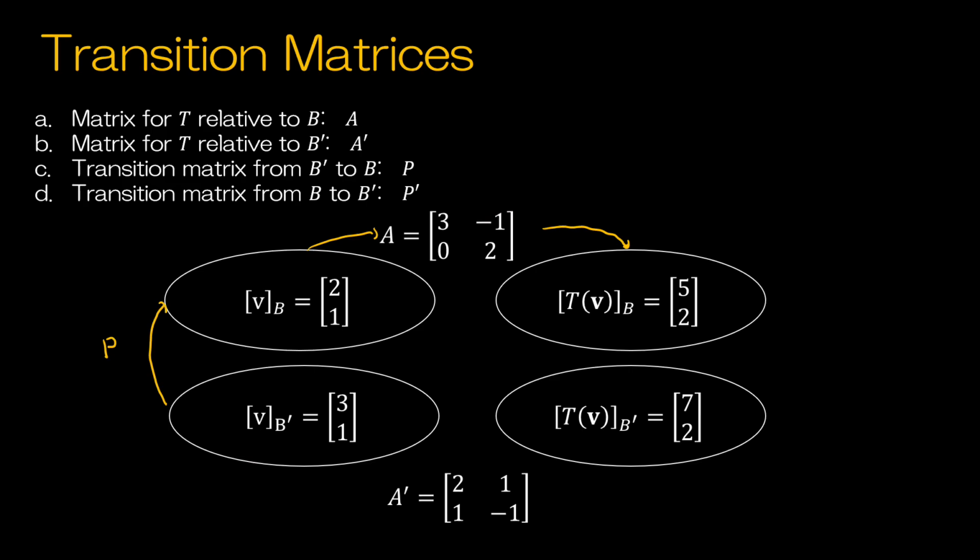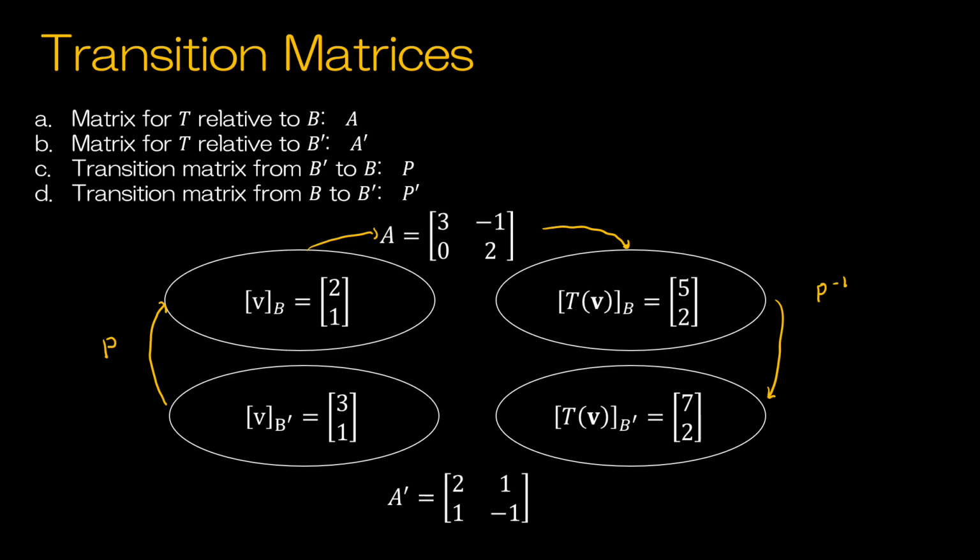At the end, we said let's ensure that 5, 2 does in fact end up back at 7, 2 again, through a linear combination, but that is going to end up being the inverse of the transition matrix from B prime to B. So it's the transition matrix from B to B prime, and that will take 5, 2 and transition it into the basis B prime to get 7, 2.